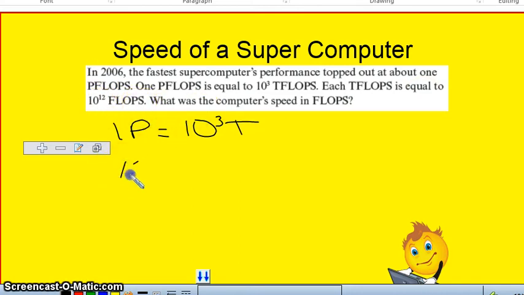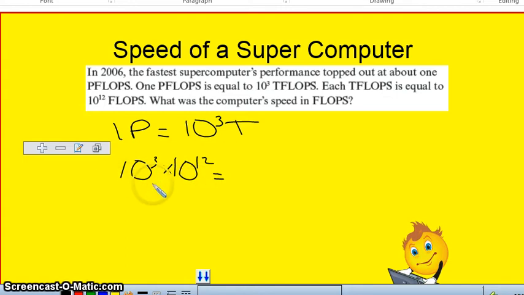So if we have 10 to the 3rd tflops, and we multiply it by how many flops, 10 to the 12th, we can figure out what the computer's speed is in flops. And as you can see here, it works the same with numbers as it does with variables. We have the same base, 10 and 10.